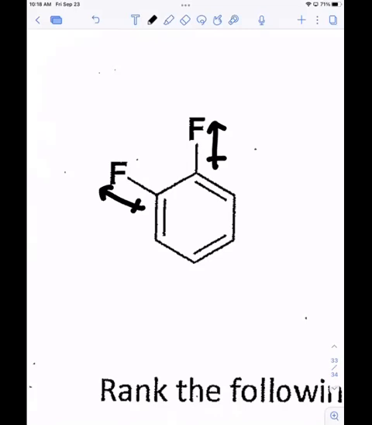So the overall dipole, or the molecular dipole, we could say it's kind of like that, yeah? Is that right? Yes, that's correct. Because remember, a dipole is a vector, so it has magnitude as well as direction.